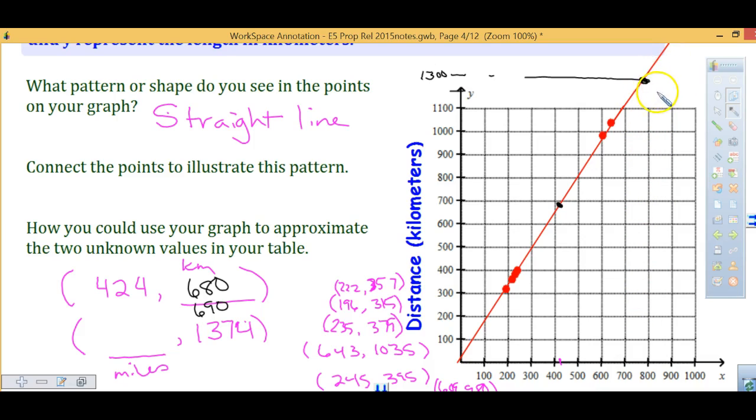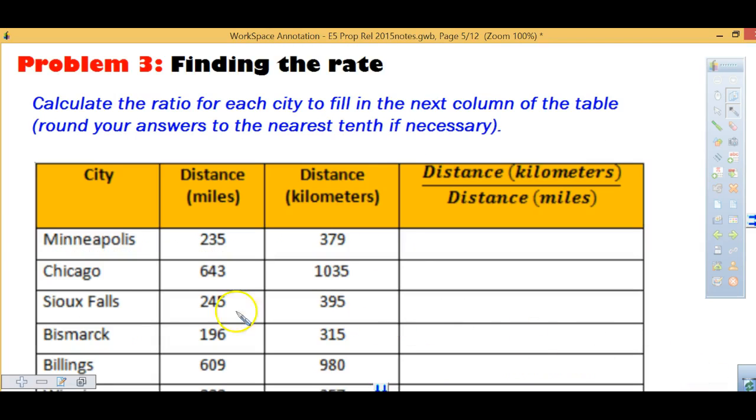So maybe around 1300, about 800 for this point down here. As we look at those two, we might say it's approximately 800. And at this point, those are just approximations using our graph, not always the best.